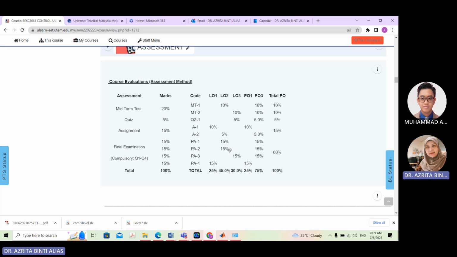And the other question is to design the PID controller using Ziegler-Nichols, 15% mark. Another question is the design via root locus method, which is lag, lead, or lag-lead.